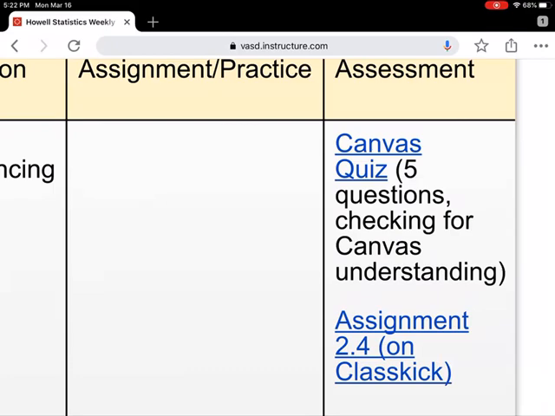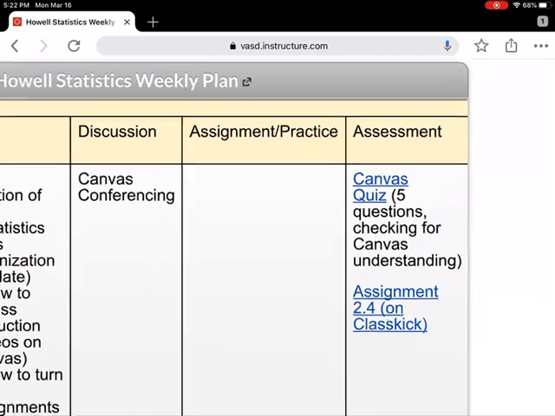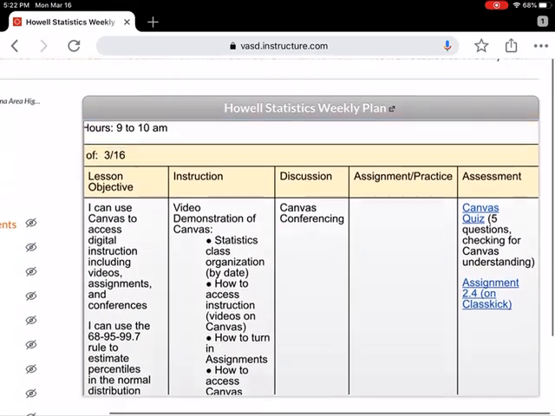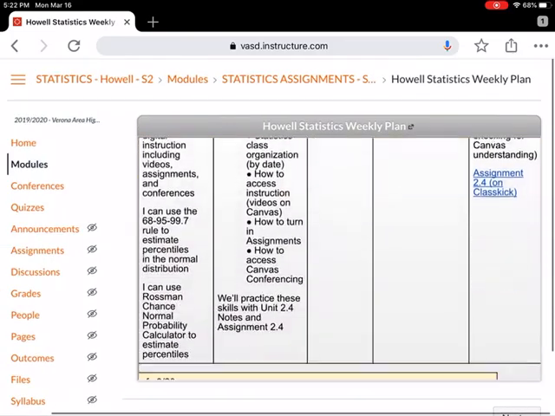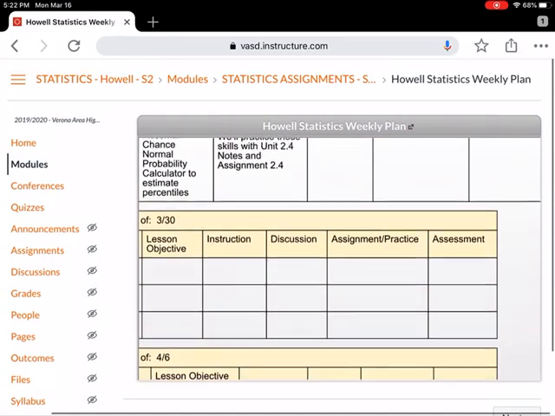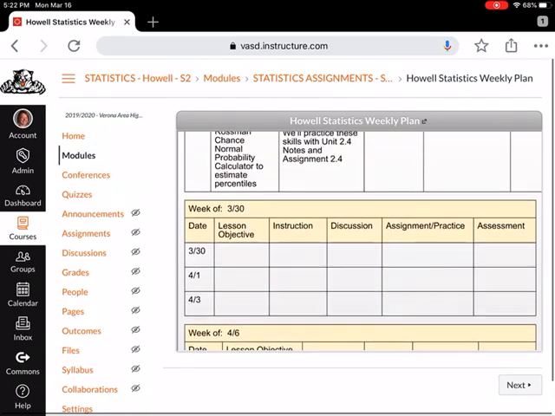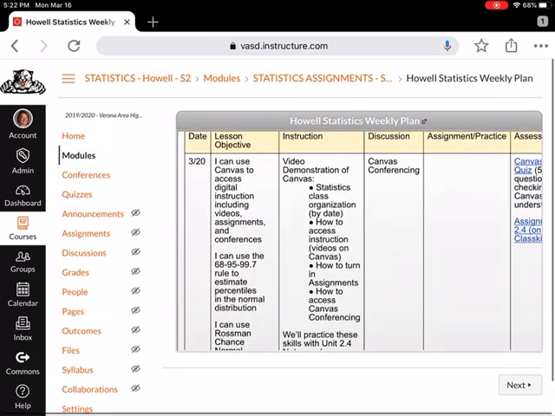So I'll have some little assignments for you to do, and maybe some medium-sized assignments as well, and they will be posted in this weekly plan. As we go on with our closure of school, you'll see things posted in future weeks.